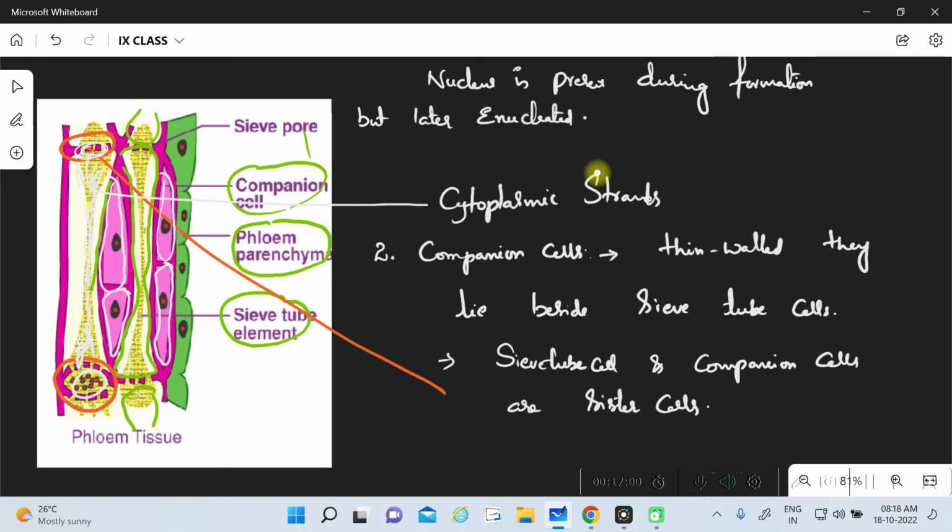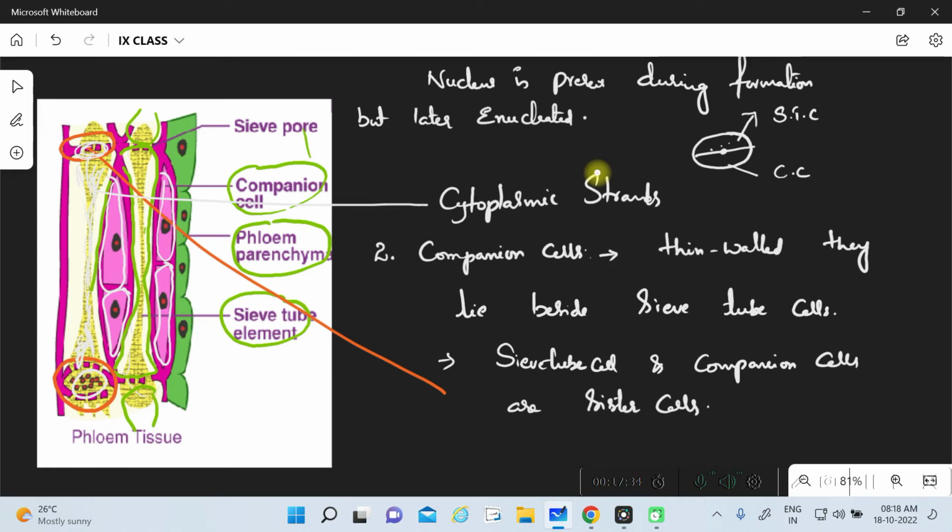Don't forget, this is very important. Imagine this is the initial mother cell; it divides, forming this cell as the sieve tube cell and this cell as the companion cell.